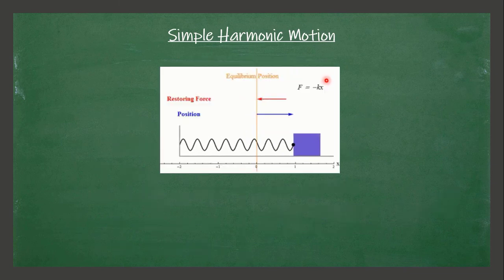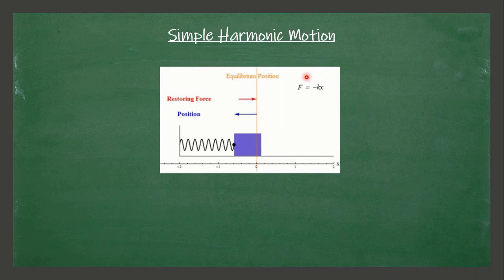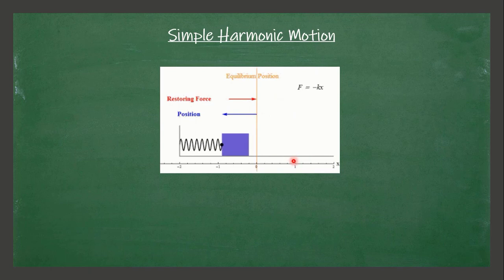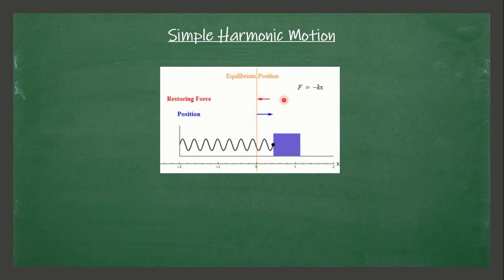Now let us have a closer look at this definition, F equals minus kx. Here you can see that this object is oscillating around this equilibrium position, and this is its maximum displacement. As the displacement is increasing, as you can see, the force is also increasing.